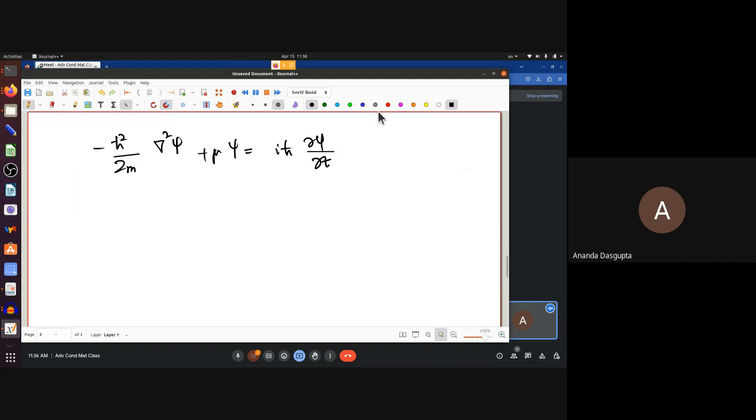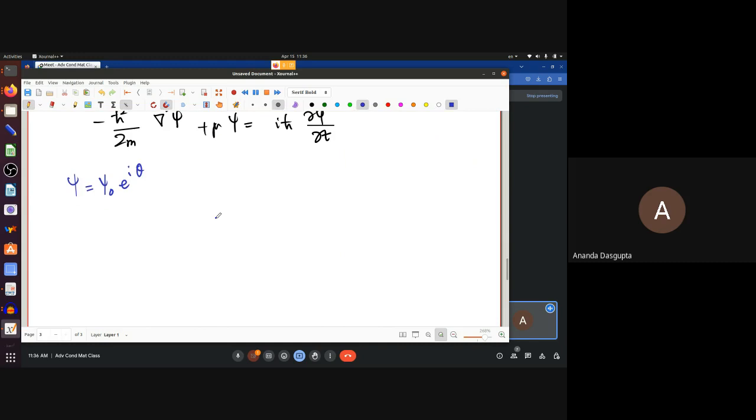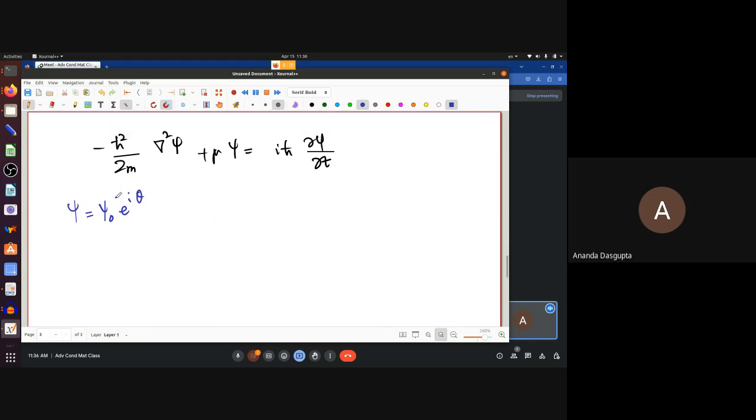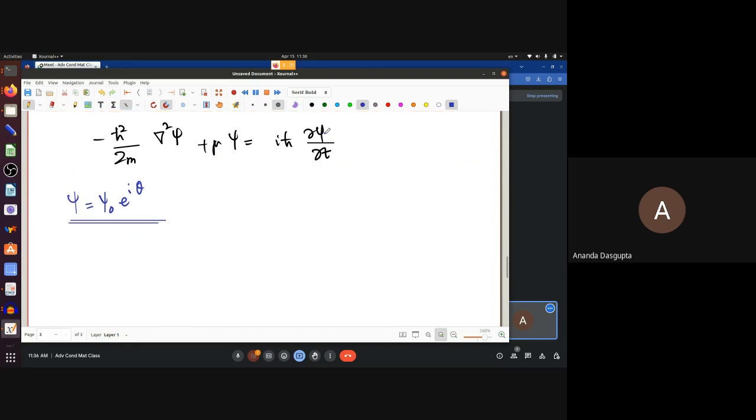And the starting point here is basically the same thing that we had done before. Psi is psi 0 e to the i theta. And now, what Landau did was, instead of just looking at the current, take a look at this wave function, plug it in here, and see what equation comes out.